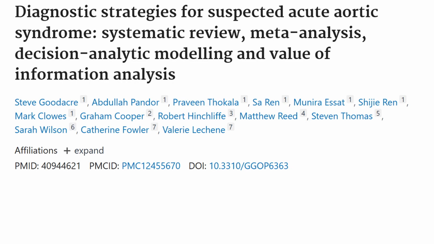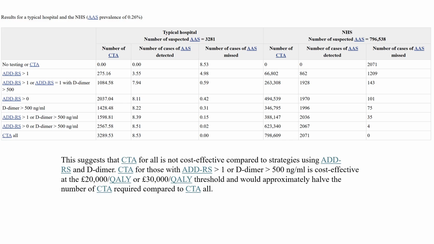That's an argument as well. But we haven't gone that way. We are not there yet, and we might not be there. But it's worth having this conversation about what is the acceptable miss rate. So, Steve Goodacre made this paper about this particular question. I just wanted to show you some of the graphs from it. From my understanding, and I don't pretend to understand all the things that they did, they did this analysis of, okay, so what if we didn't test at all?